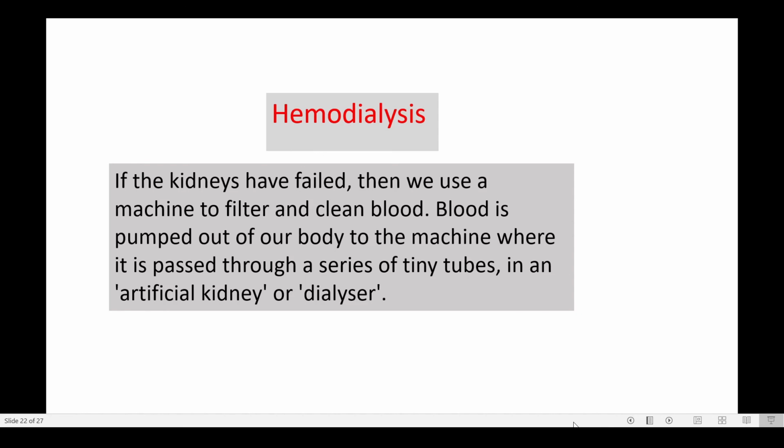If the kidneys have failed, then we have to use a machine to filter and clean our blood. This machine is known as the hemodialyzer and this process is known as hemodialysis. Now actually what happens, the blood is pumped out of our body to the machine where it is passed through a series of tiny tubes in an artificial kidney or dialyzer.